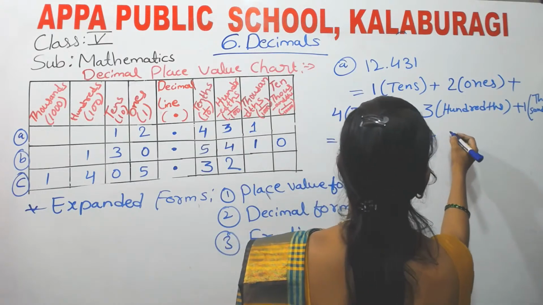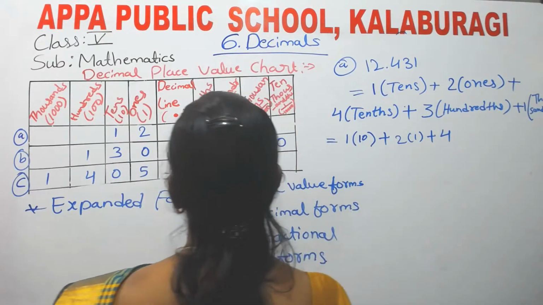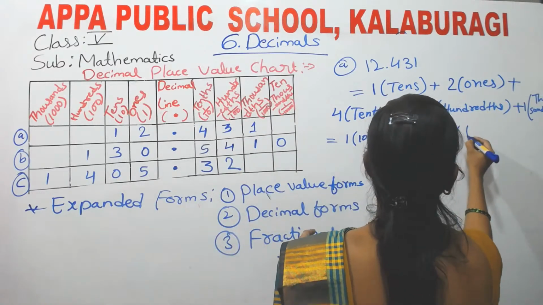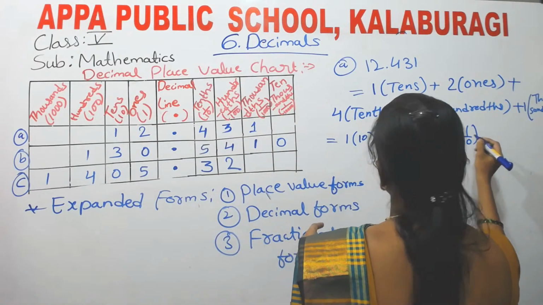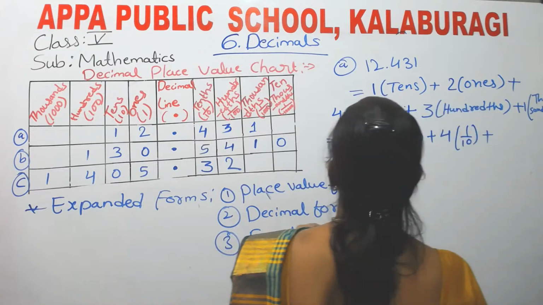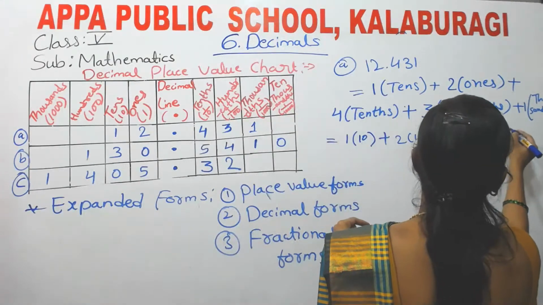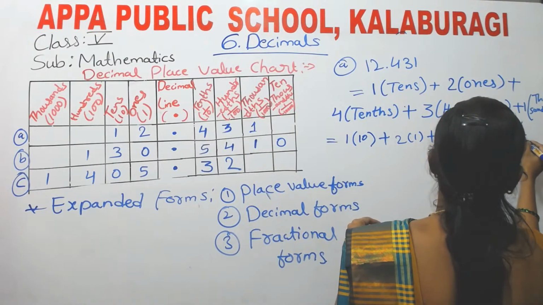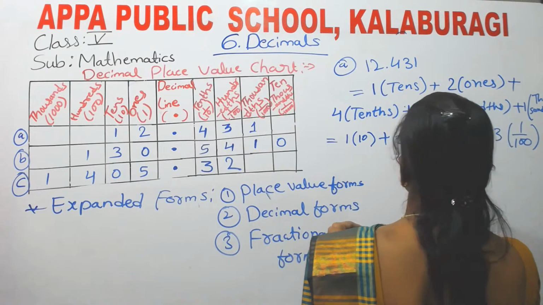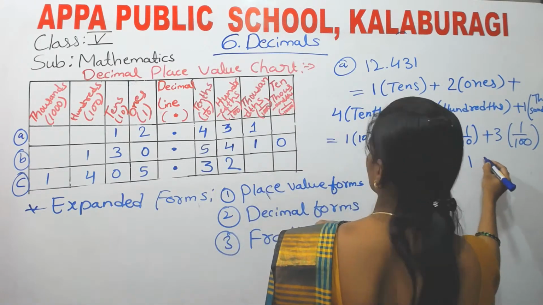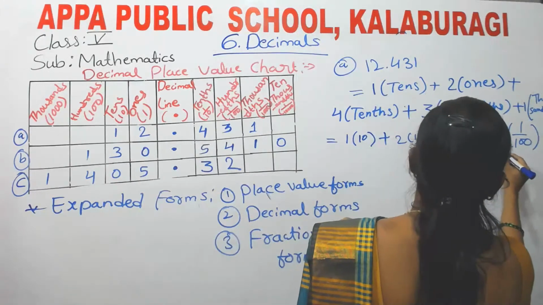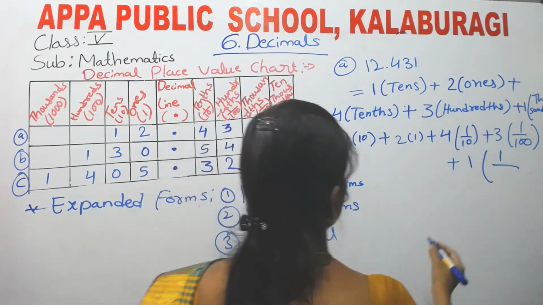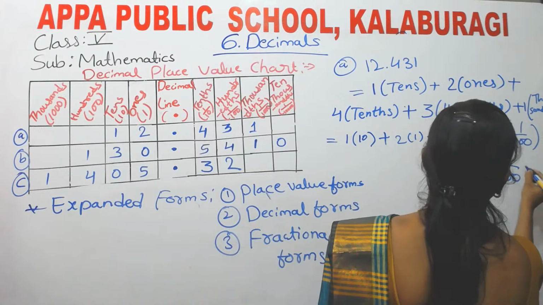Now write 10, this number, plus 2 into 1, plus 4. 4 in tenths place means 1 by 10, plus 3 into 1 by 100, plus next 1 into 1 by 1000.